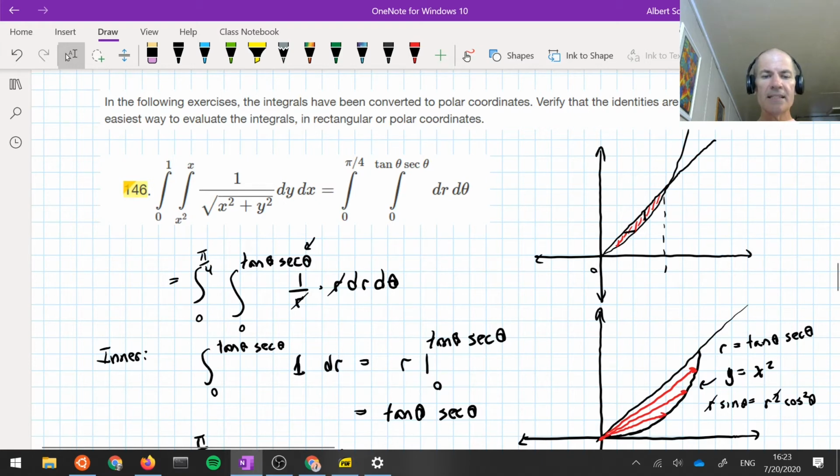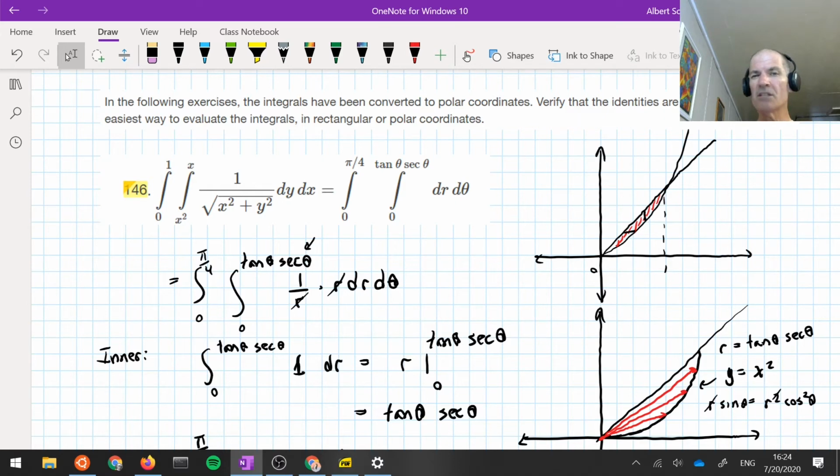Honestly, this is going to be a really hard integral to do in Cartesian coordinates because you don't have a du. If I'm integrating with respect to y, I have a square root of x squared plus y squared. I've got this y squared underneath the square root, but I don't have a nice accompanying du to do a u substitution.